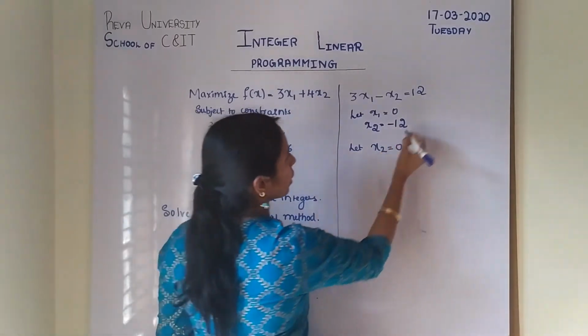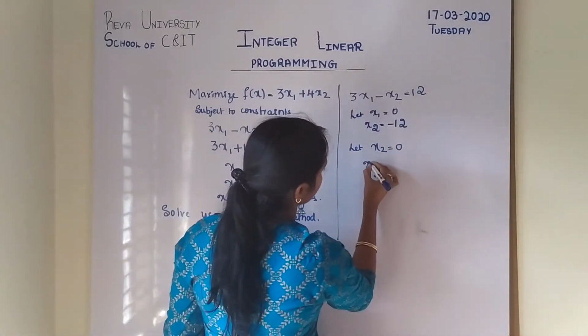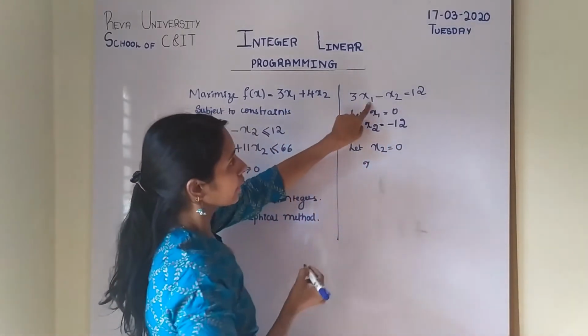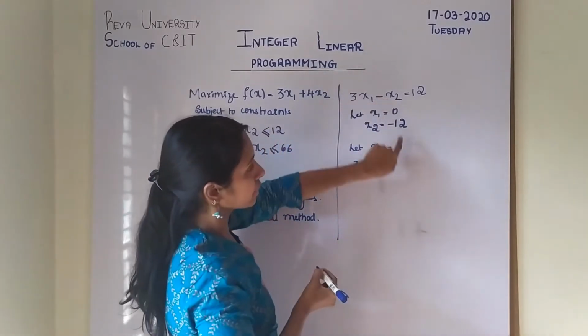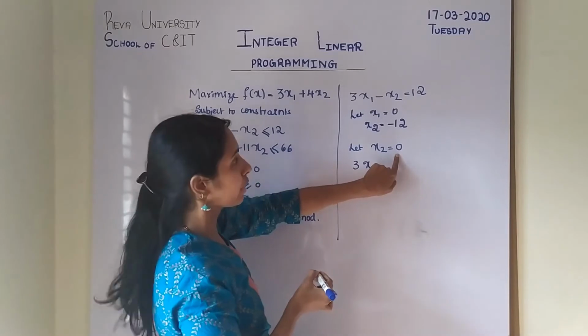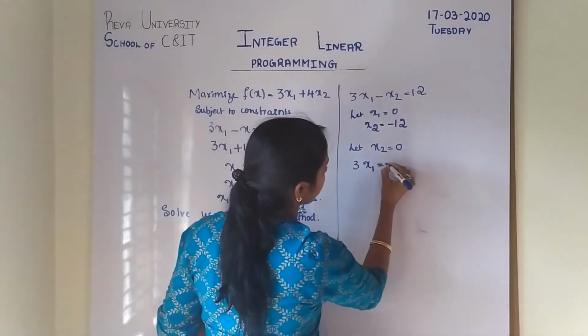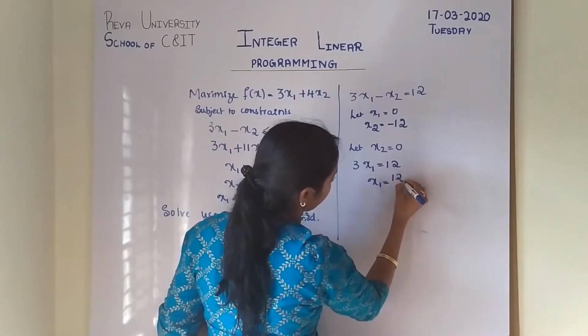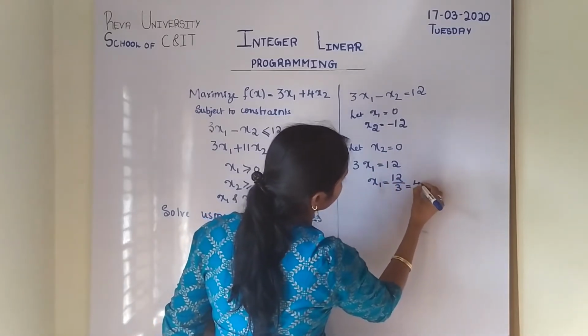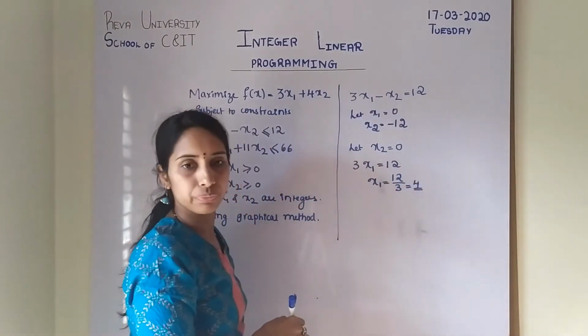Now what is x1? 3x1 minus x2 equal to 12, so x1 is equal to 12 by 3, which is 4.